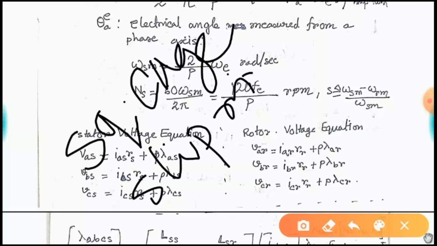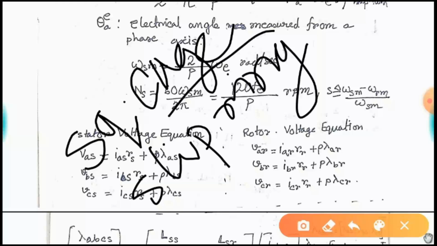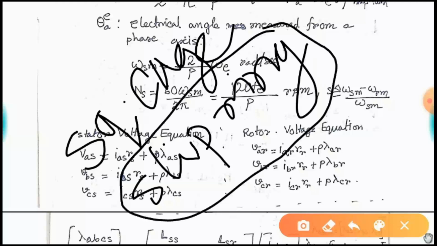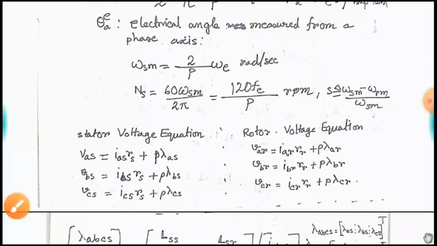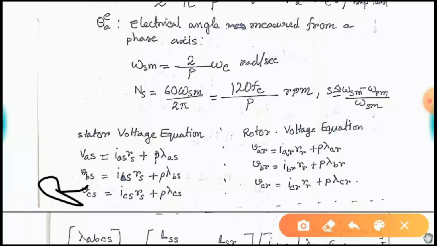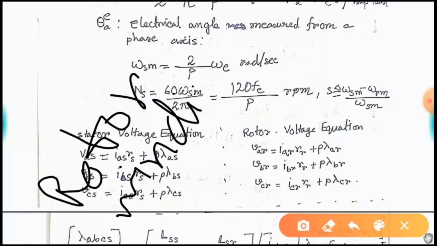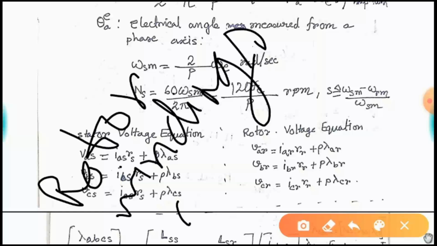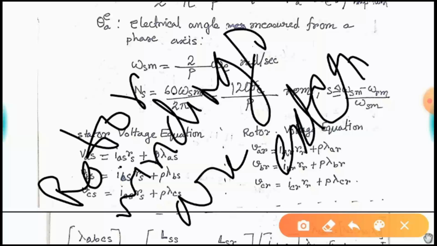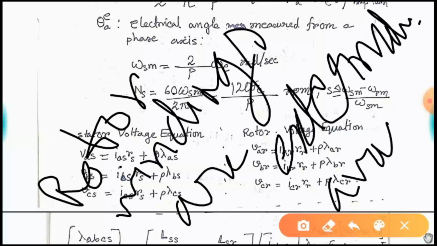In the slip ring induction motor, the rotor windings are externally available.